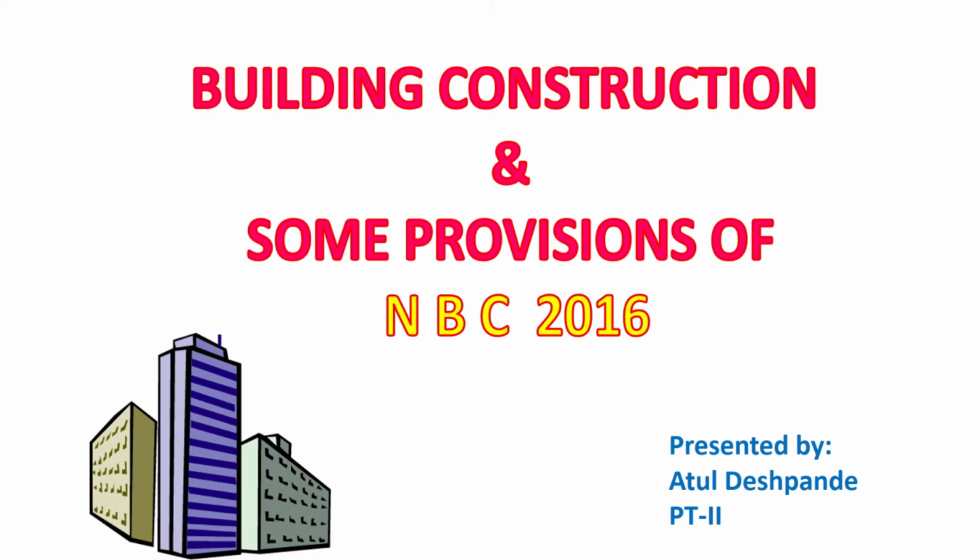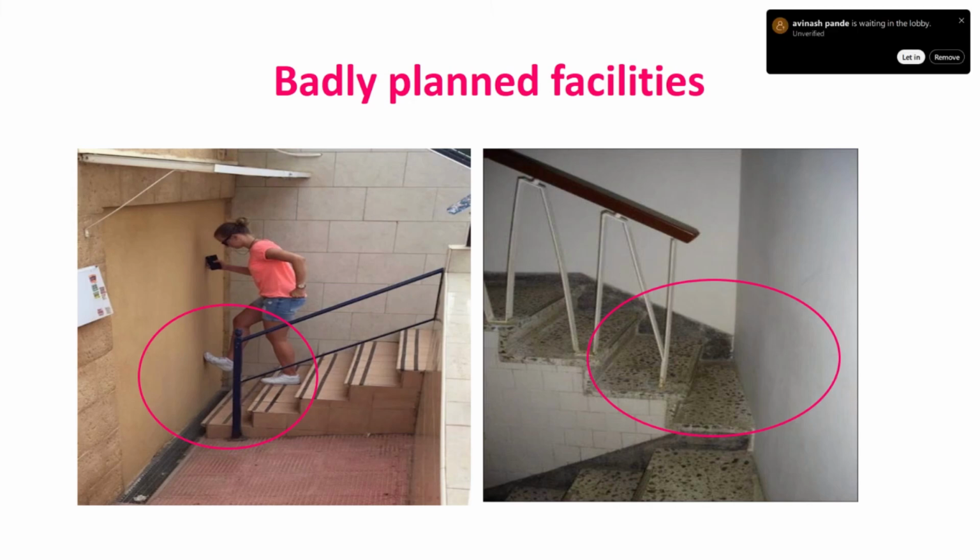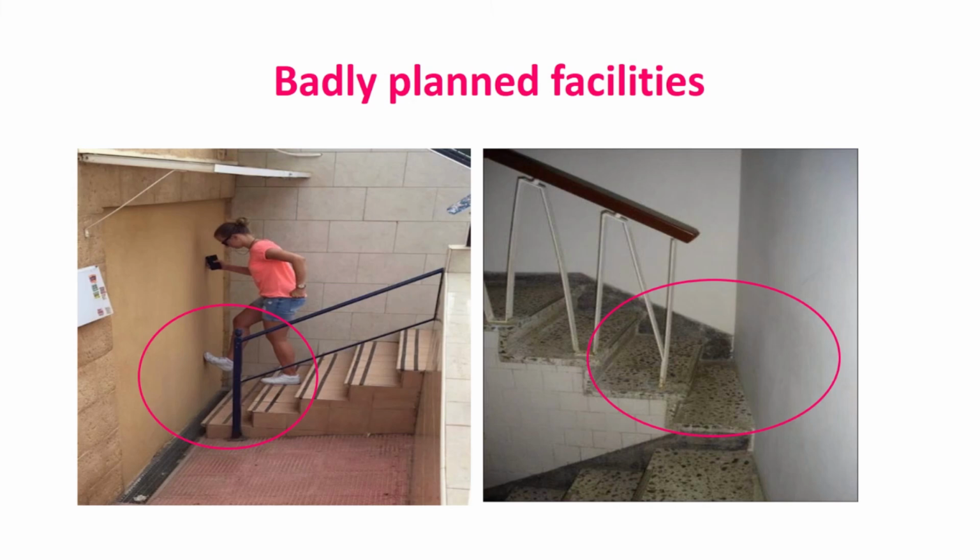Now you can see there are certain photographs I have simulated to give a fair idea of how, many times, we provide certain facilities, but these facilities may not be appropriate.